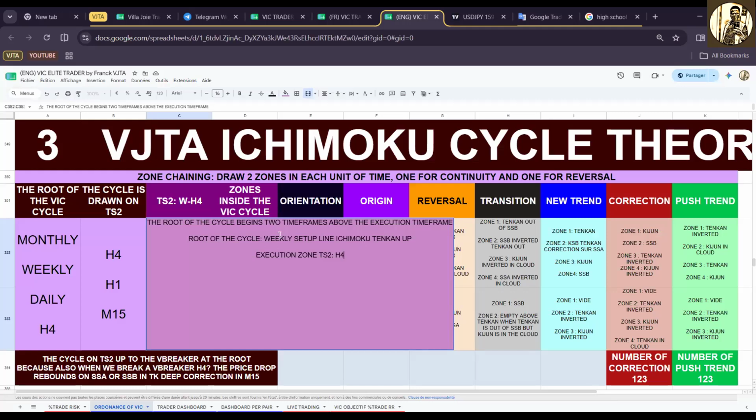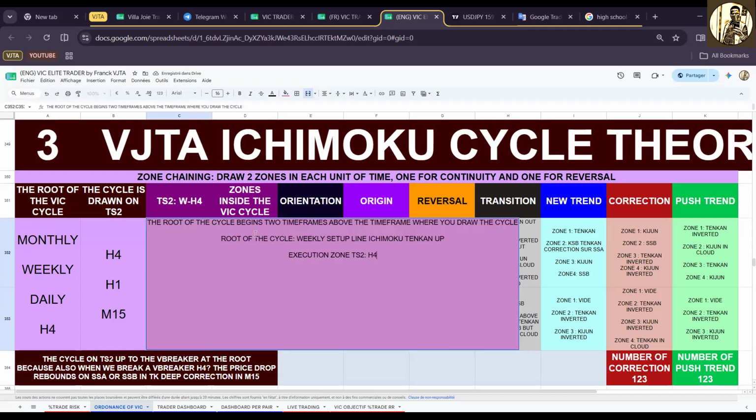The whole of the cycle begins two time frames above the time frame where you draw the cycle.